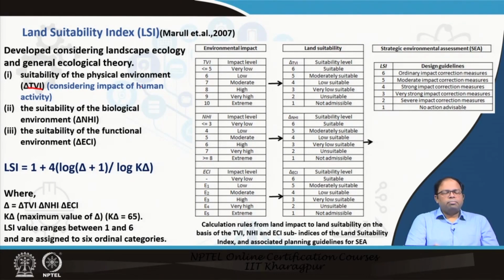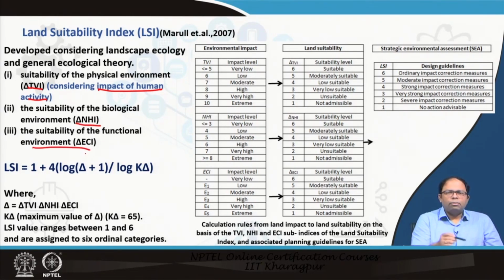So the first part that we considered is different human activities, and we create one index, that is TVI, and then for the suitability of the biological environment, we create NHI, this is another index, and the suitability of the functional environment, which is EHI.